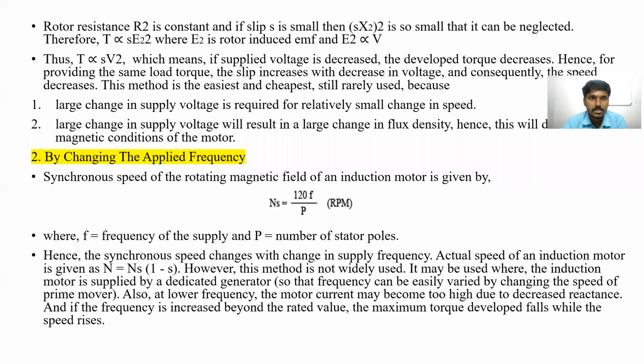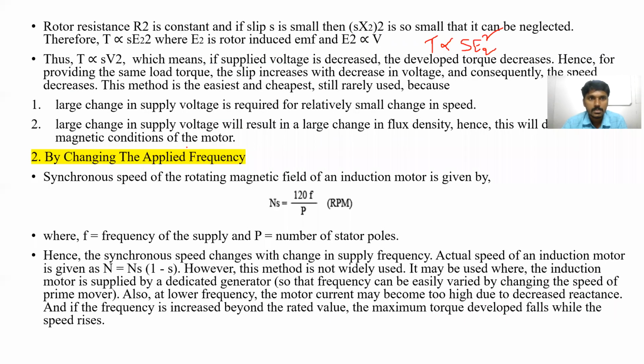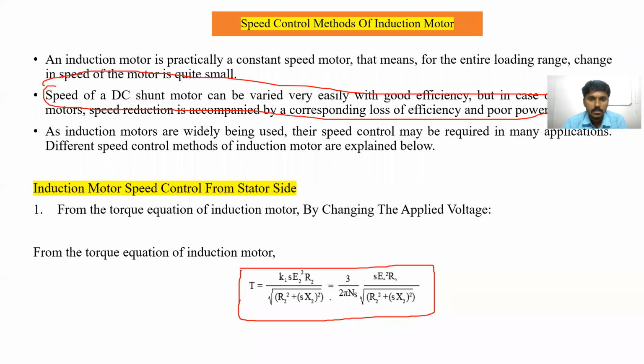Therefore, torque is directly proportional to S into E2 square. So if the rotor has a small or constant resistance, the slip is small, and this term becomes very small, so it can be neglected. Then we can easily write that torque is directly proportional to S into E2 square.